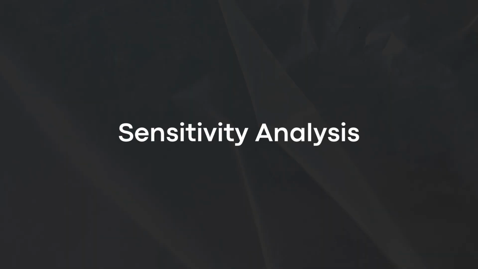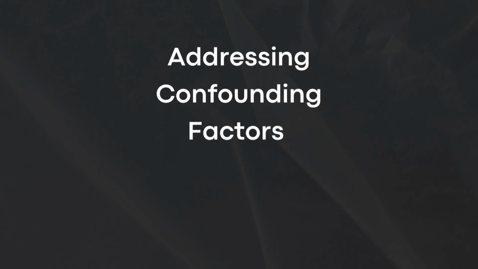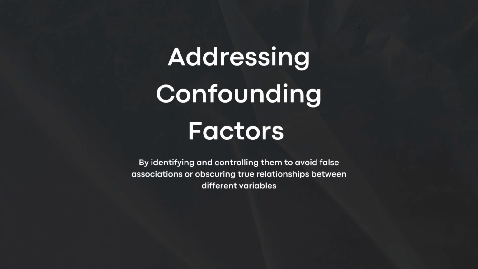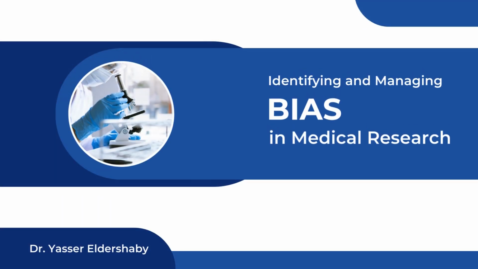This includes performing sensitivity analysis to test how robust the findings are. And finally, addressing any confounding factors by identifying them and controlling them to avoid false associations or obscuring true relationships between different variables.